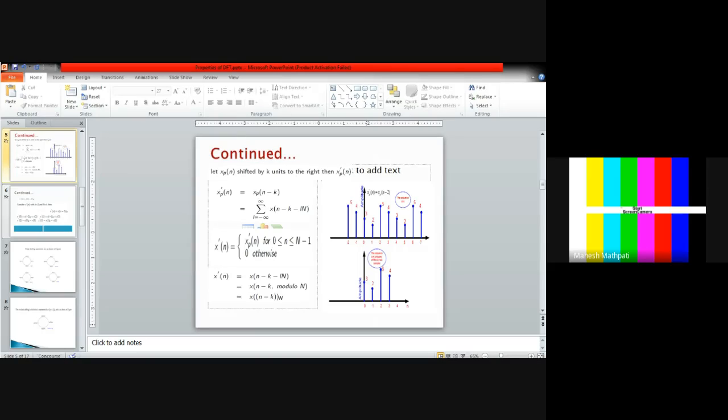So this is how we write the circular symmetry of a sequence. This expression is what we call circular symmetry. If you rotate the signal, we will understand after the example how we are rotating the signal and how it repeats with symmetric values.